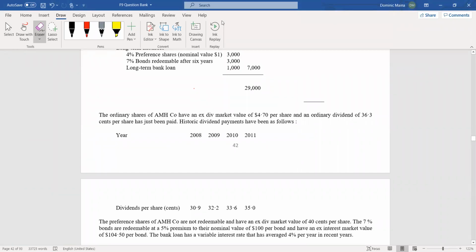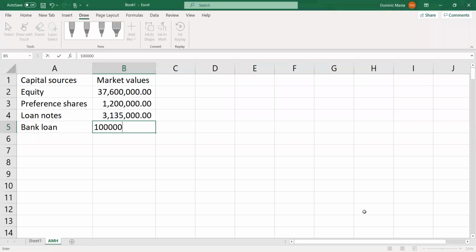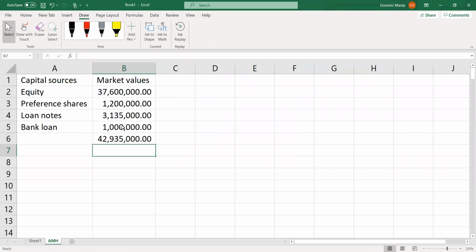Then you get a sum of those finance sources, from the first cell to the last one, and you get 42,5000, the total market value of those 4 finance sources. Hope it's all clear so far.